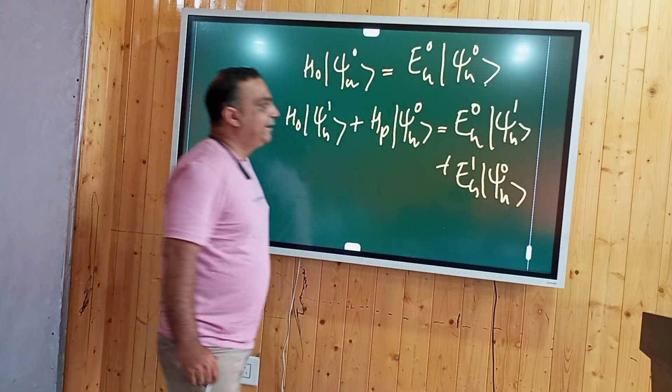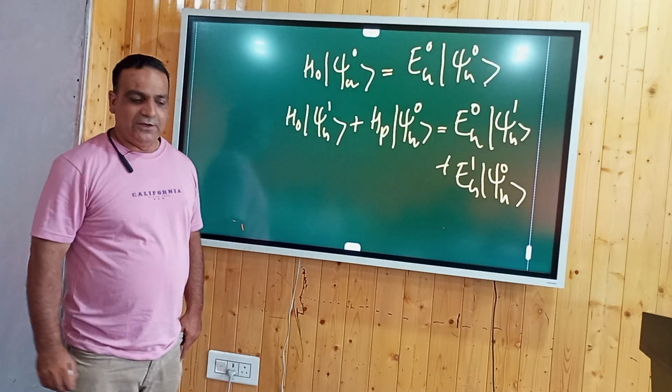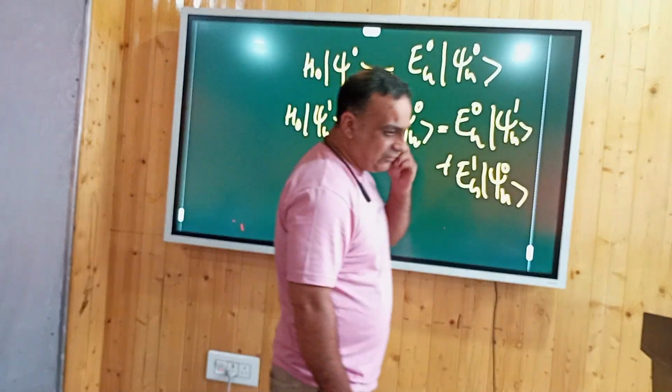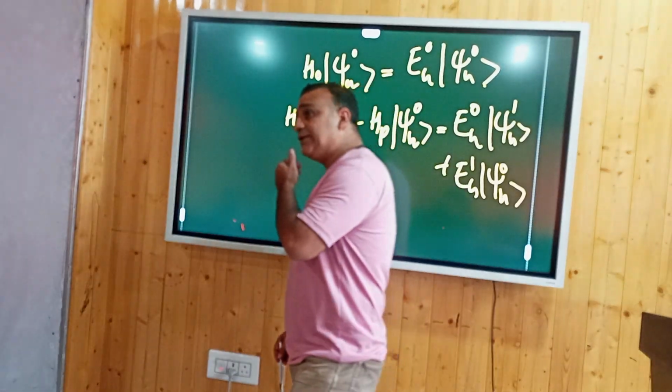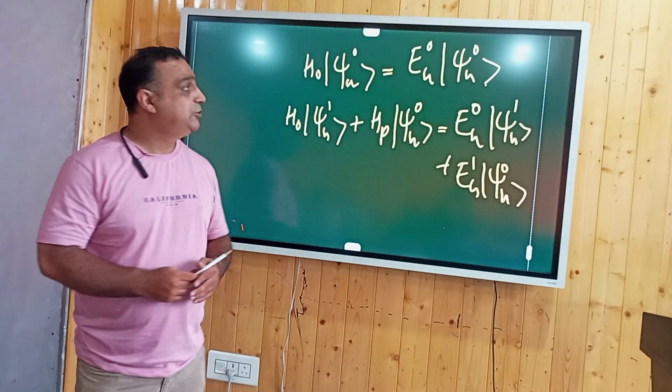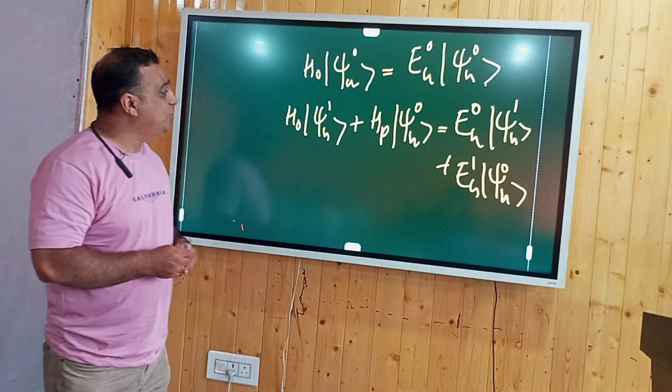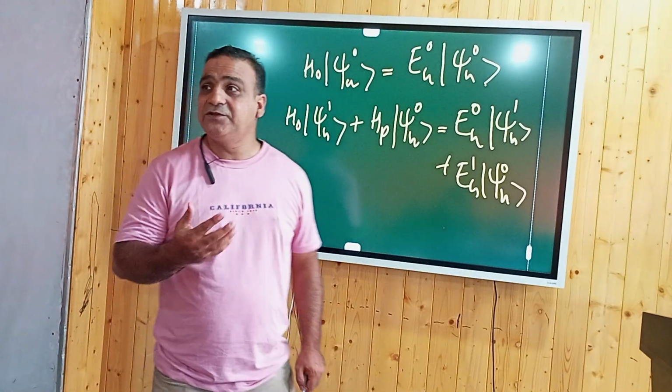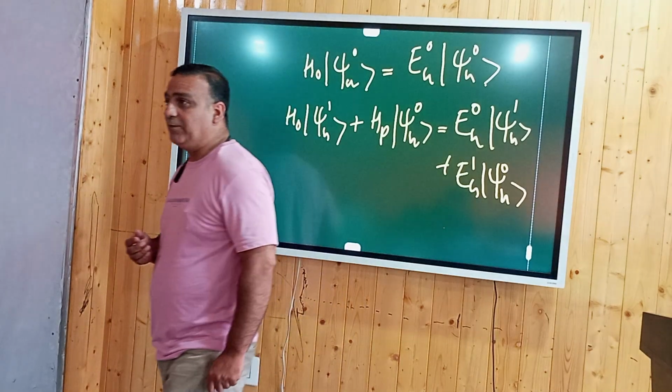Right? So we would now like to solve this next equation. We would like to project this equation so that we can calculate the first order correction to our problem.